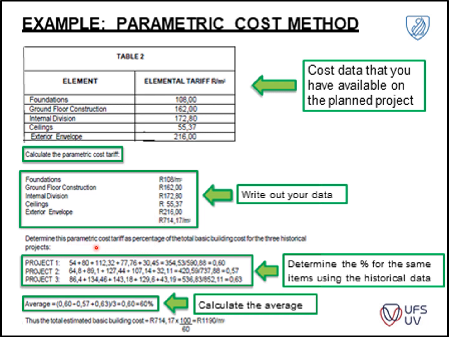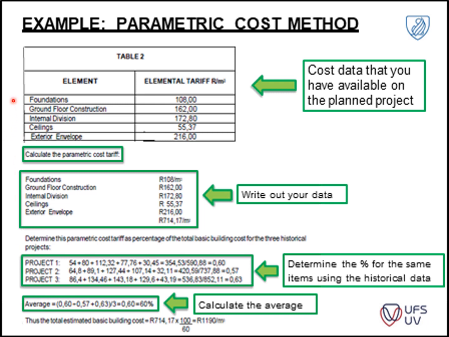So then you determine the parametric cost tariff as a percentage of the basic building cost for the three historical projects. So this is your new building. And then if you go back to that first slide where the historical data is, you actually had 3 projects of similar size. So you take the relevant cost per square meter for those projects.